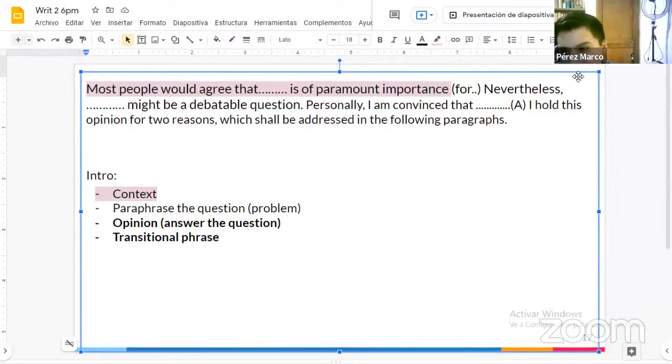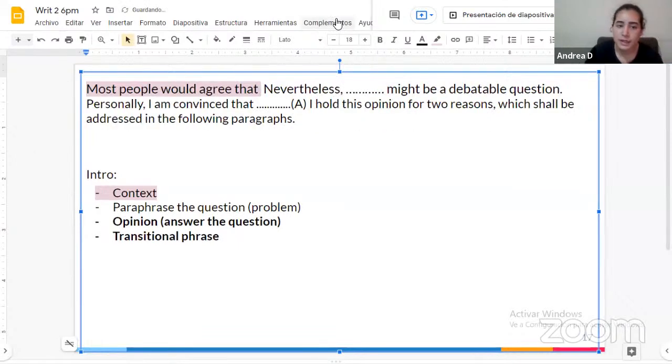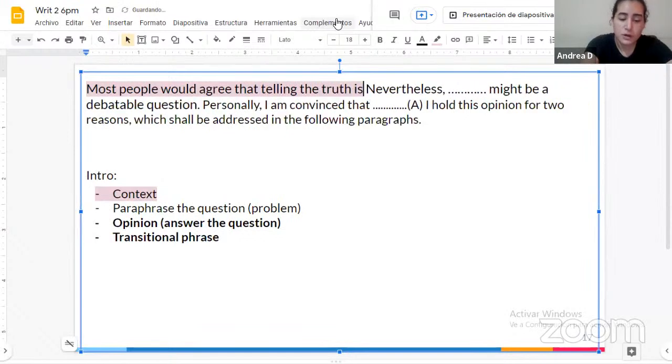Maybe say the truth is not always easy, especially when you say something tough, or something hard. Okay, so yes, we can say that. We're gonna delete this part and say, "Most people would agree that telling the truth is not always easy."